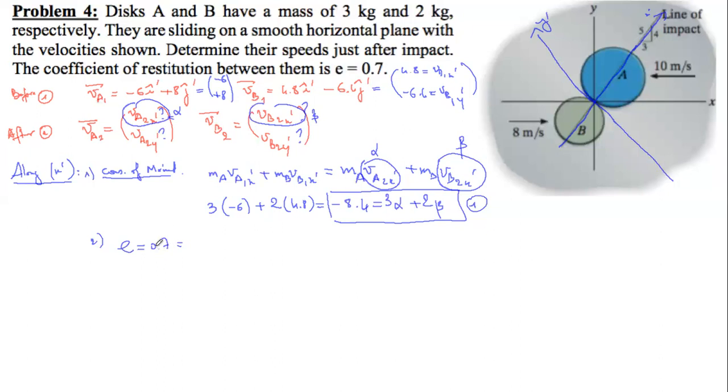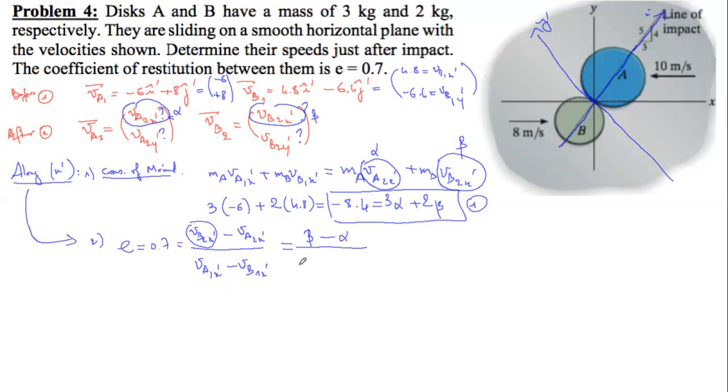We remember the formula is relative velocity after: VB2 x prime, along the direction of line of impact, minus VA2 x prime, divided by VA1 x prime minus VB1 x prime. So this is beta, by the way, minus alpha, divided by VA1 x prime minus VB1 x prime.